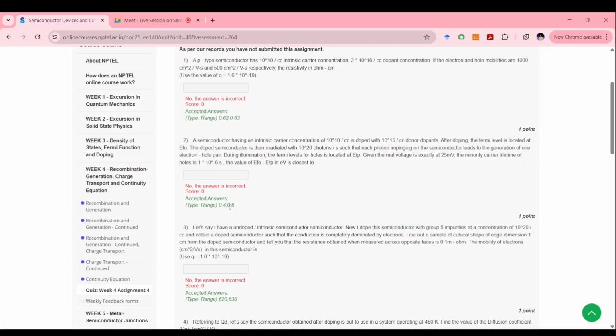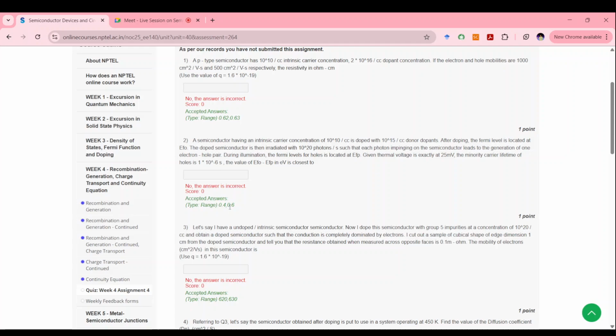So a p-type semiconductor has 10 to the power of 10 per cc intrinsic carrier concentration. That means we have the value of Ni as 10 to the power 10, and 2 into 10 to the power of 16 per cc dopant concentration.